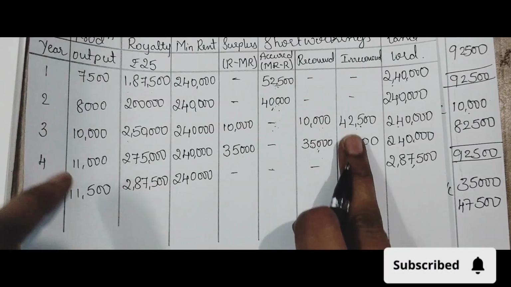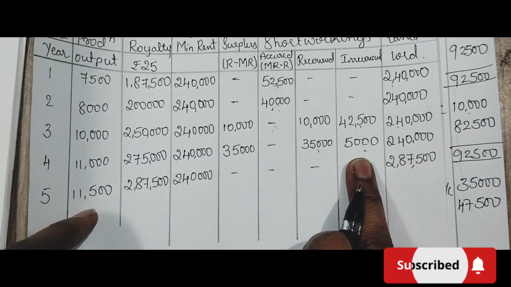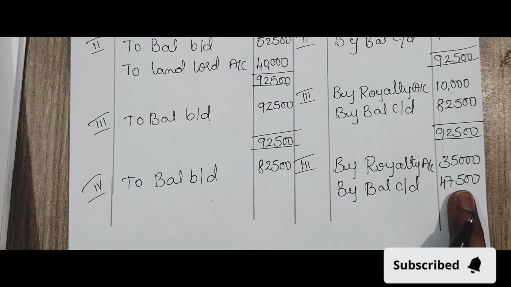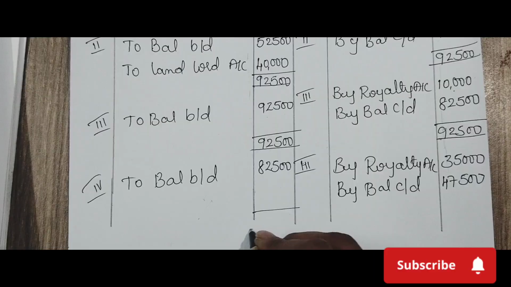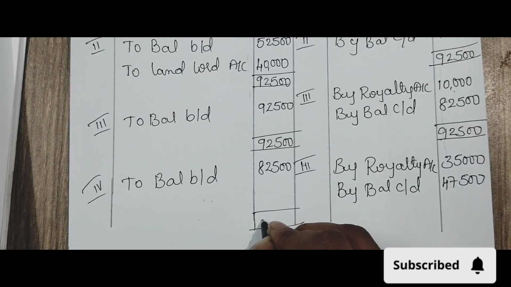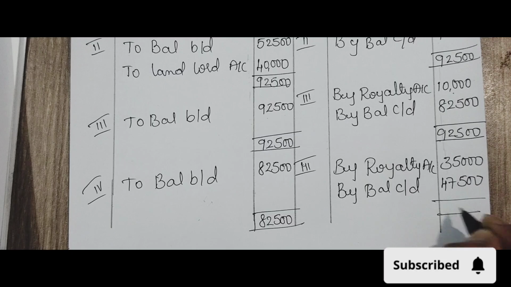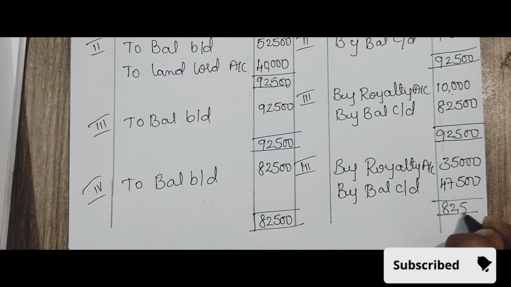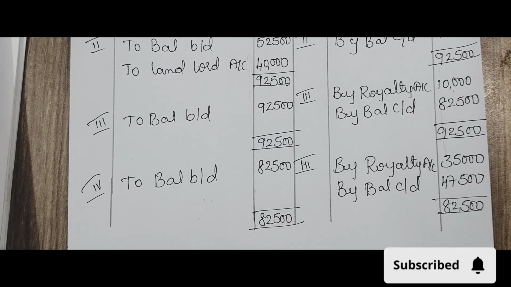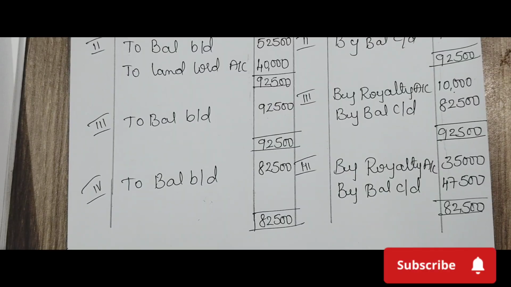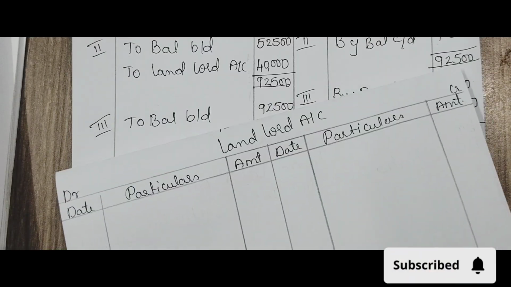You can see here 42,500 plus 5,000 is 47,500. The same balance you are going to get in the last year, the recovered amount in the balance. That's it. Only for 4 years we are recording, because in the fifth year there is no short working. Right? Account is closed. Let us now prepare the landlord account.